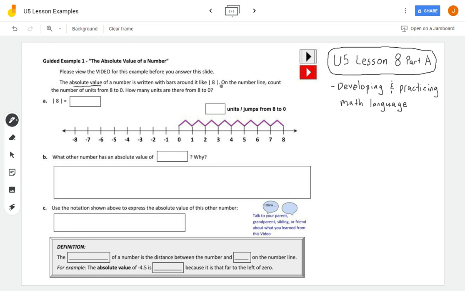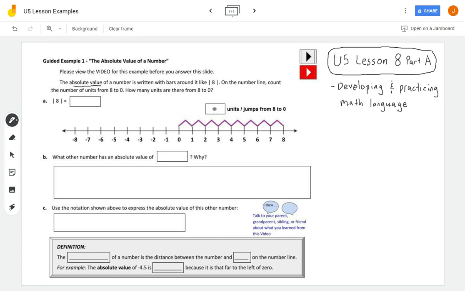So the absolute value of 8. To begin with, on the number line, we're going to count the number of units it takes us to get from 8, the number that's inside of the absolute value bars, and get down to 0. And so I've shown each of the units as these little triangular jumps or angled jumps. So this is 1 jump, 2 jumps, 3, 4, 5, 6, 7, and 8 jumps.